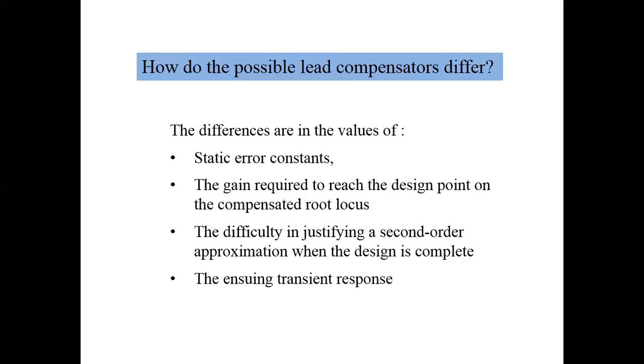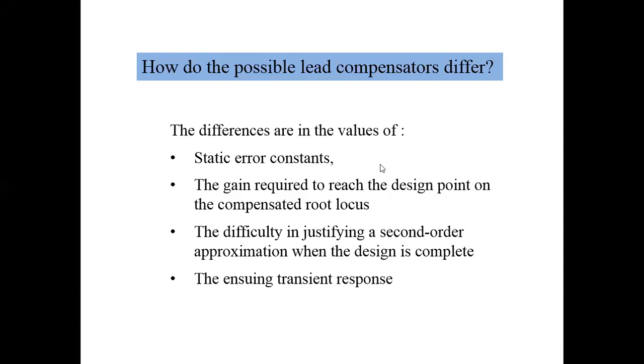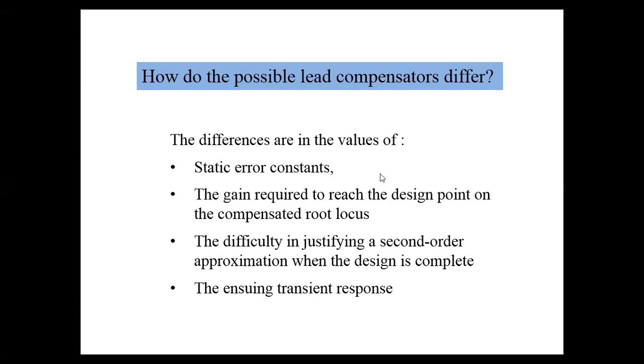How do the possible lead compensators differ? The differences are in the values of static error constants, the gain required to reach the design point on the compensated root locus, the difficulty in justifying a second order approximation when the design is complete, and ensuring transient response.